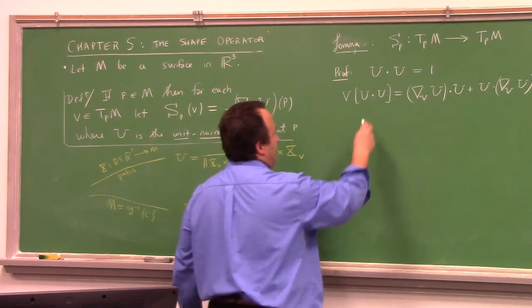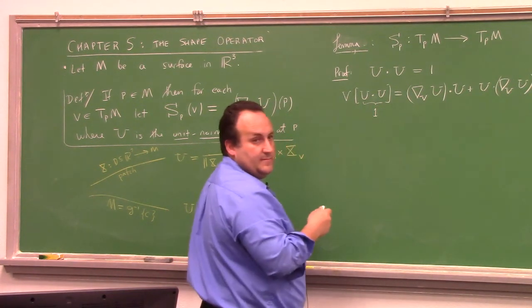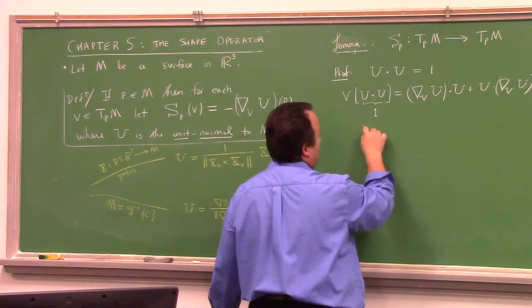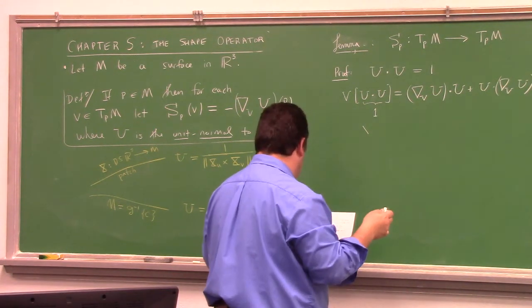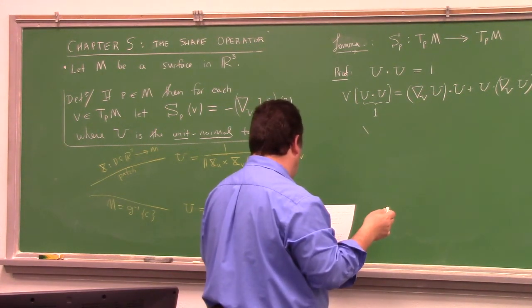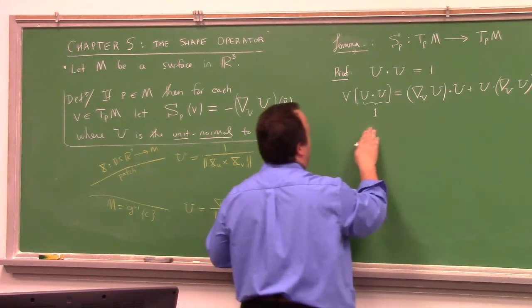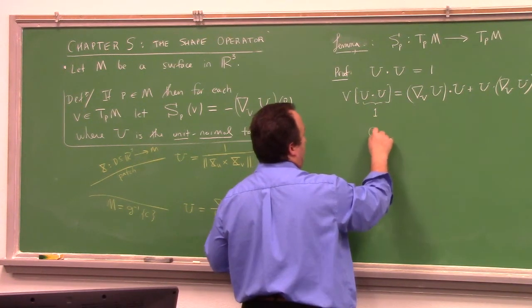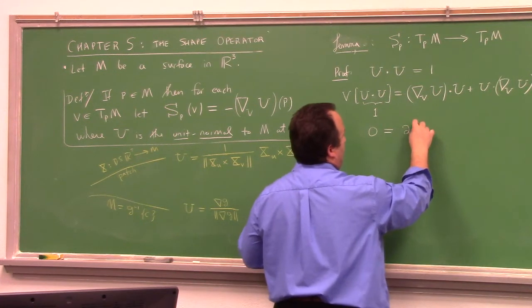But u dot u is 1, which is constant. So what's this say? Oh, duh. It says that this plus this is 0, right? Of course, it's the dot product, so it's twice.